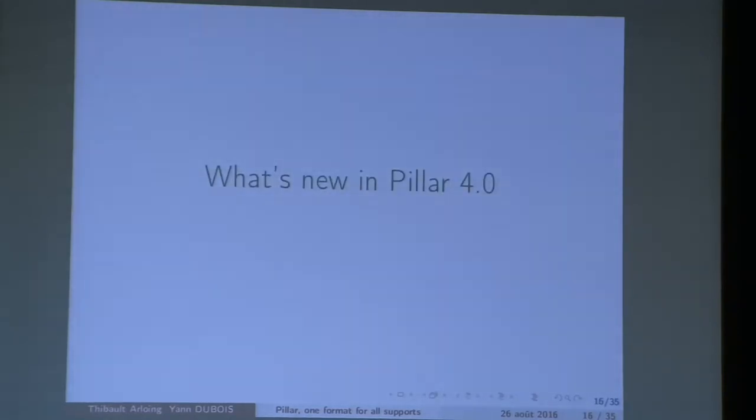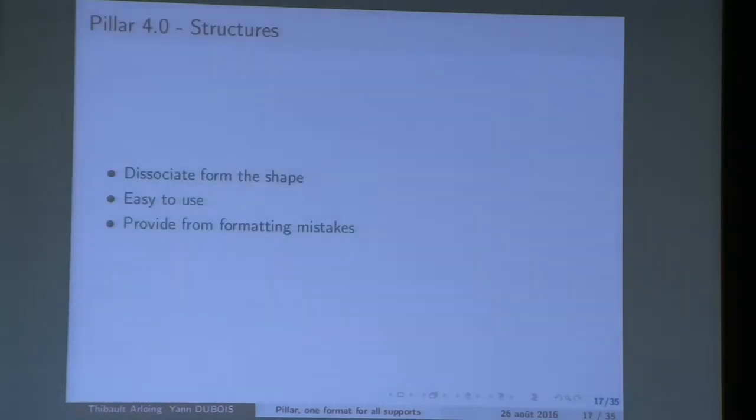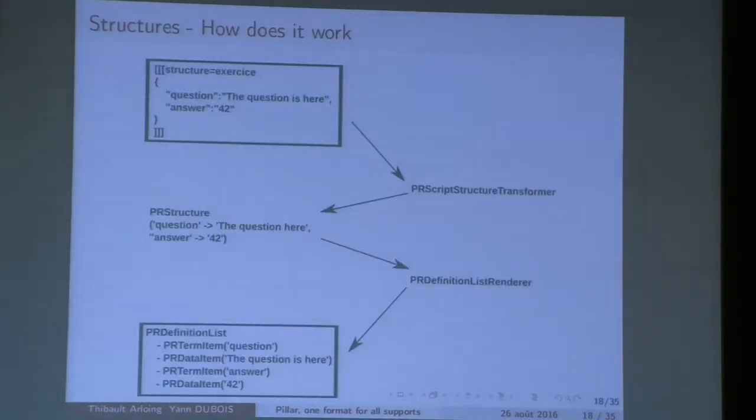So, what's new in Pillar 4? We have a notion of structures. The structures are used to dissociate content from shape, and they're easy to use too, and they prevent formatting mistakes. So how does it work? You have a script syntax to create structures.